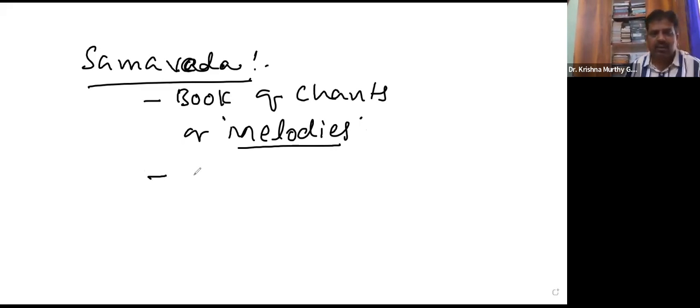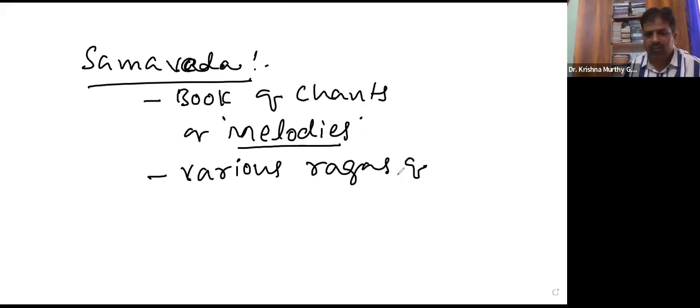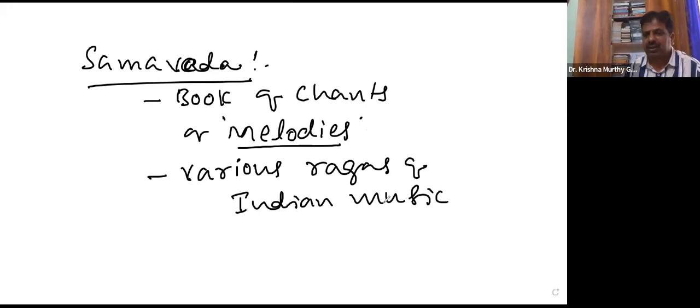It contained the various ragas of Indian music. That was an important development.